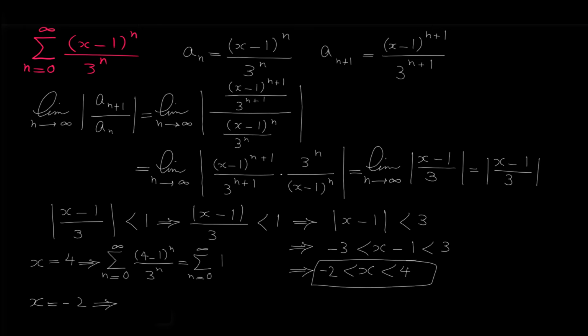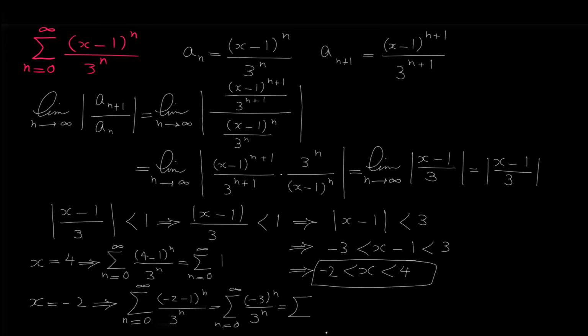If we plug in -2 for x, we get this series, the sum from n equals 0 to infinity of (-2 minus 1) to the power of n over 3 to the power of n. -2 minus 1 is -3, so we have (-3) to the power of n over 3 to the power of n, n from 0 to infinity.